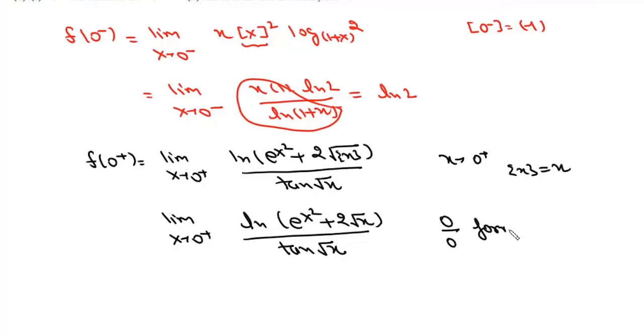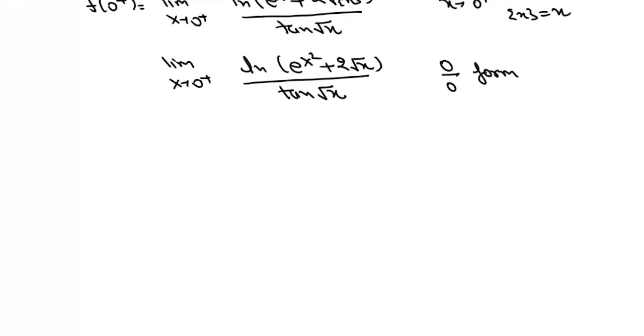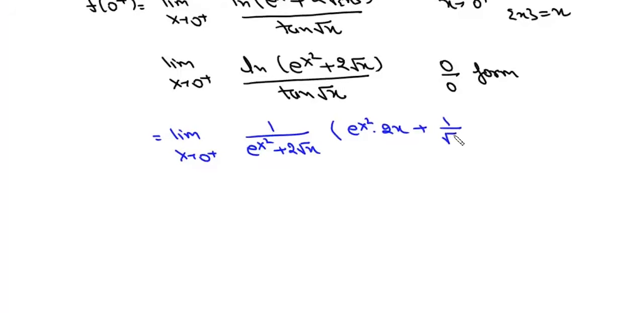Now if we put x as 0, this is log 1 is 0, and tan 0 is 0, so it is 0 upon 0 form, and when it is 0 upon 0 form, we can use L'Hopital's rule. Now if we apply L'Hopital's rule here, we can write this as limit x tends to 0 positive. Now this is 1 upon e to the power x square plus 2 root x, into this is e to the power x square into 2x plus 1 upon under root x, and here it will be secant square under root x, 1 upon 2 root x.